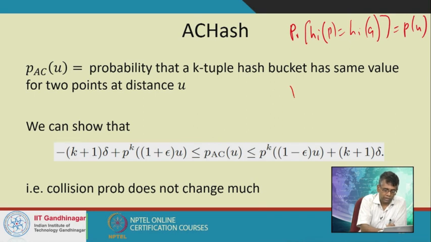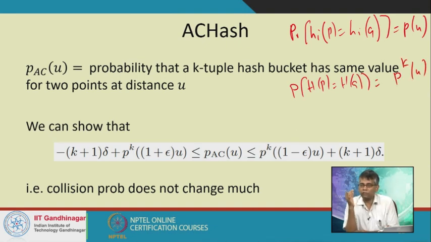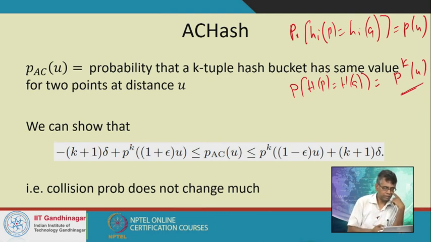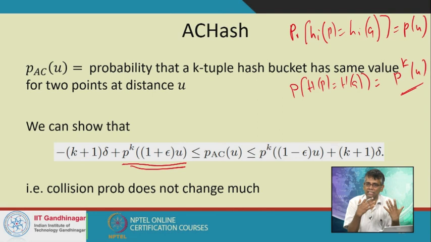Therefore the probability that capital H of p equals capital H of q is P to the k of u, because a hash table is constructed out of k such hash functions that are IID. So the probability of collision becomes P(u) to the power k.